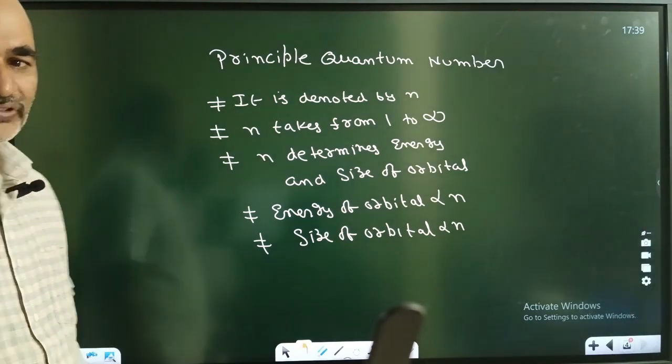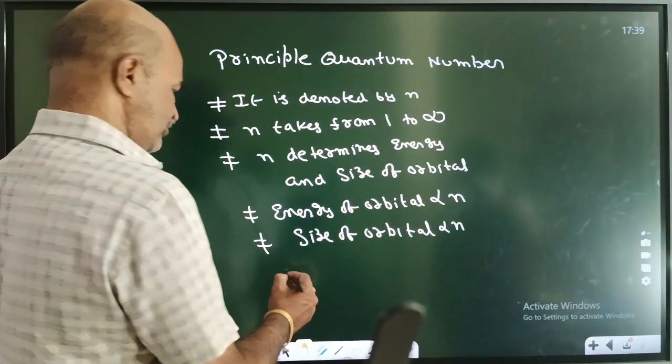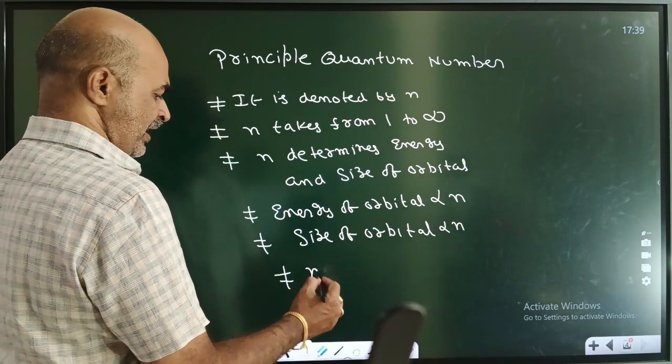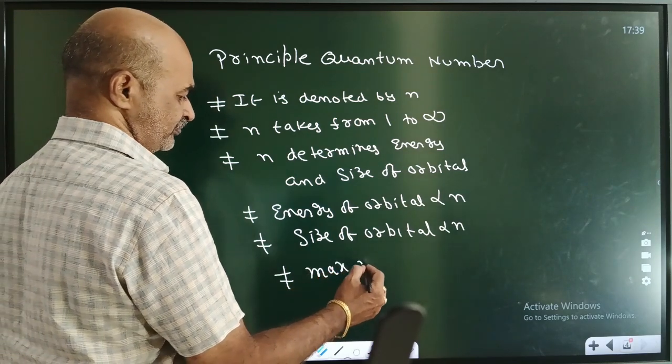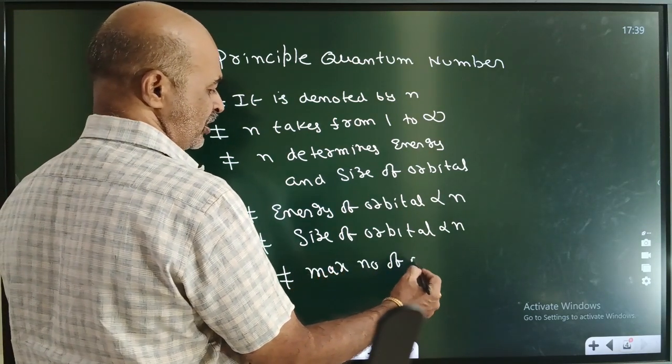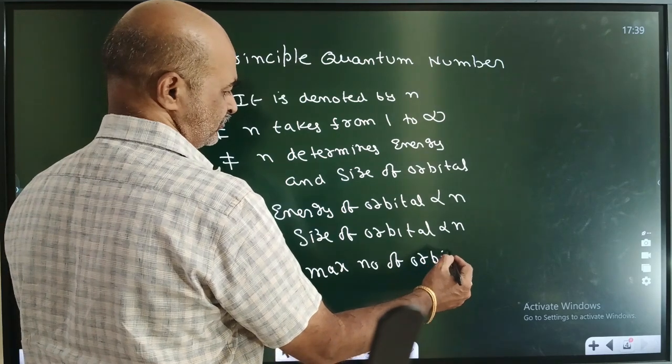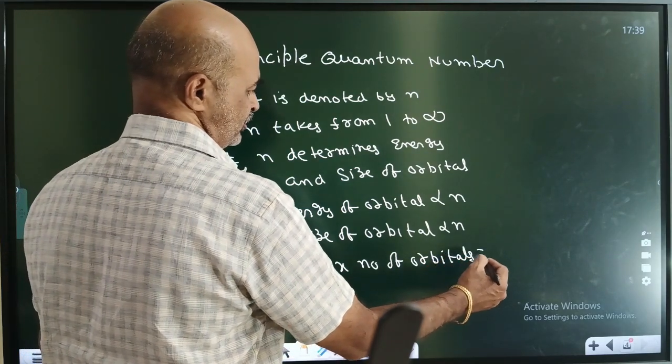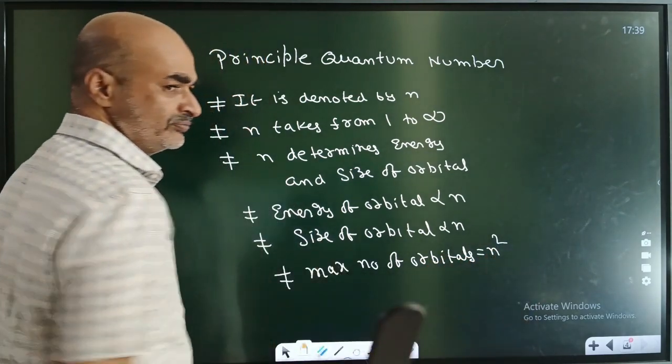The maximum number of orbitals is equal to n square.